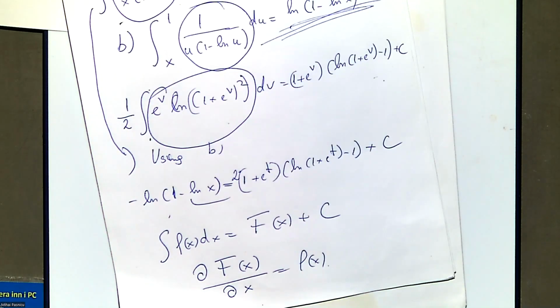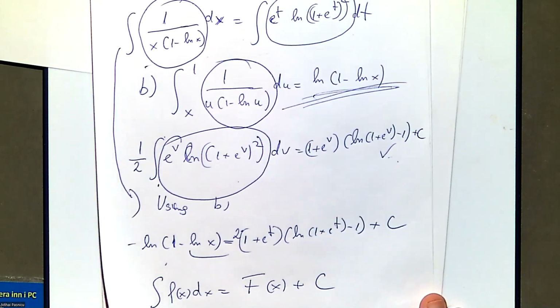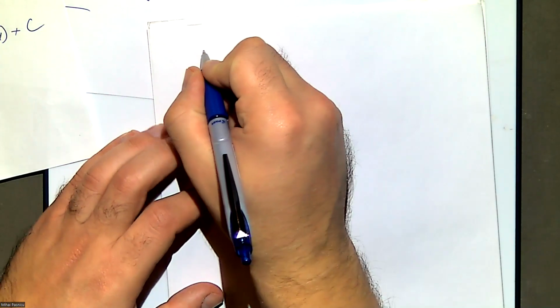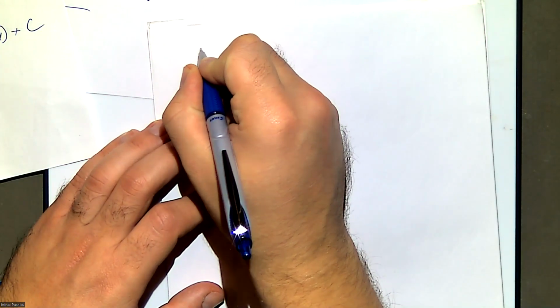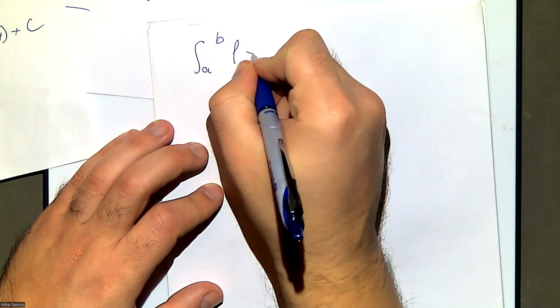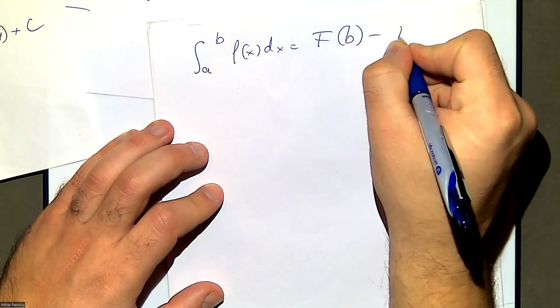So using the second one is straightforward and makes perfect sense. The first one, since it's definite, is not really more complicated, but we got to be careful in the sense that the integral from a to b of f of x dx is equal to F of b minus F of a.